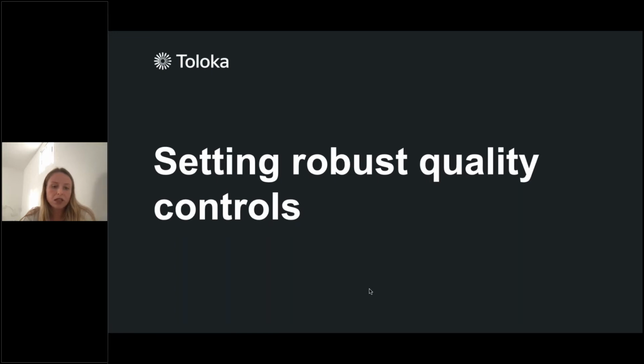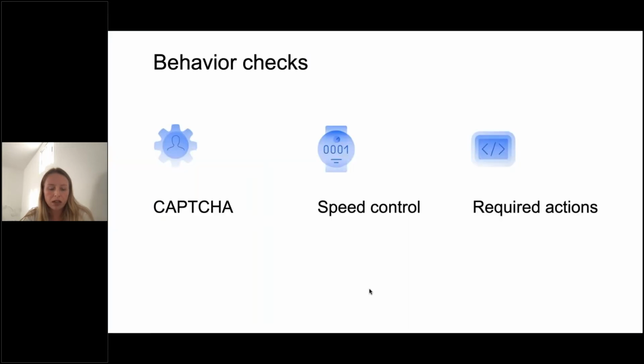So besides focusing on your performers, you should strongly focus on some quality control rules. So let me tell you a bit about those. We're going to start with some very basic quality control rules, which we call behavior checks.